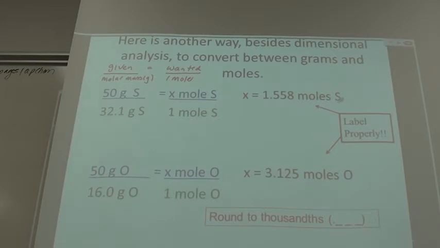I'm here to tell you right now, things get confusing. Label this, otherwise you're going to be like, what is that? Likewise, you have 50 grams of oxygen. How many moles of oxygen is that when 1 mole of oxygen has a molar mass of 16 grams? That means 50 grams is 3.125 moles.